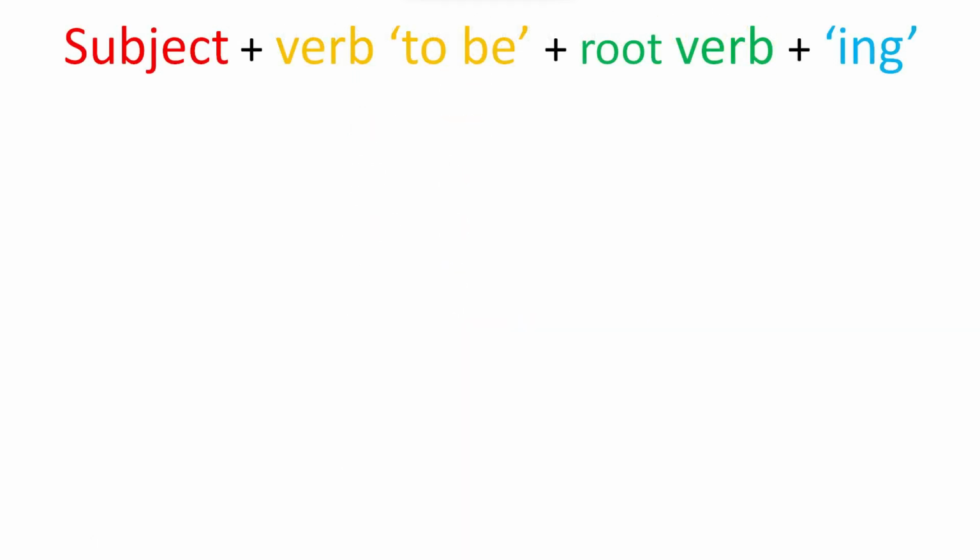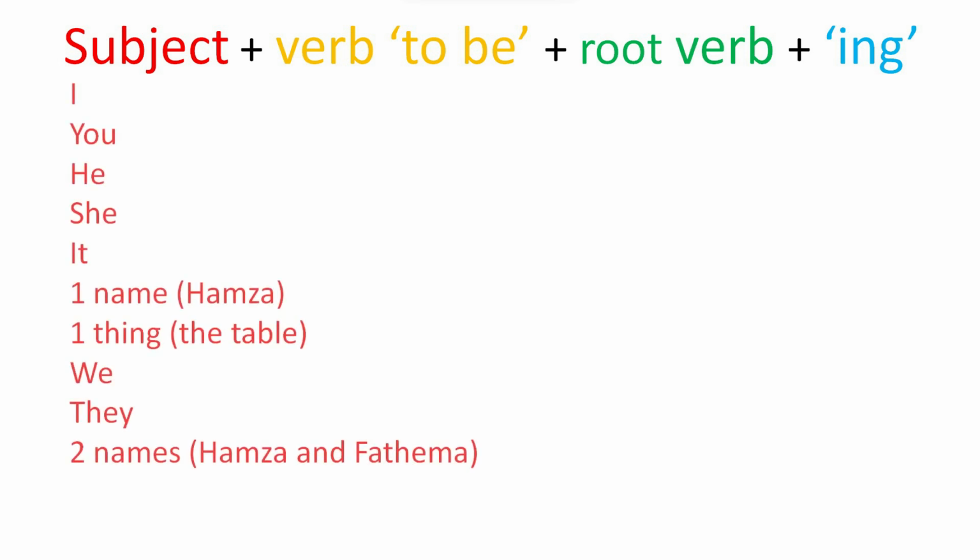So with that in mind, let's look at our present continuous sentence structure. Firstly, we need to start our sentence with a subject. For example, one of these words, either I, you, he, she, it, one name, one thing, we, they, or two names.